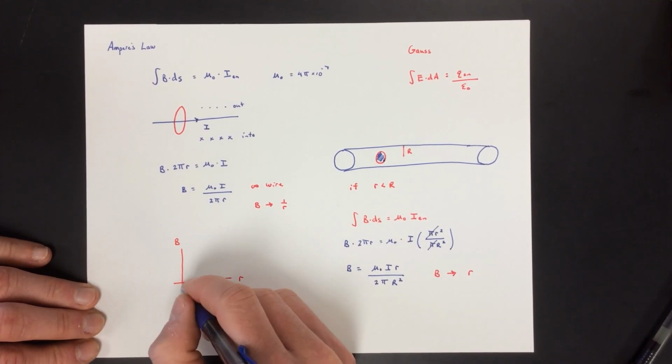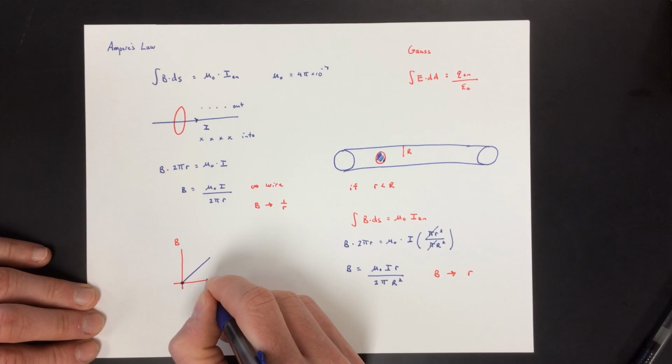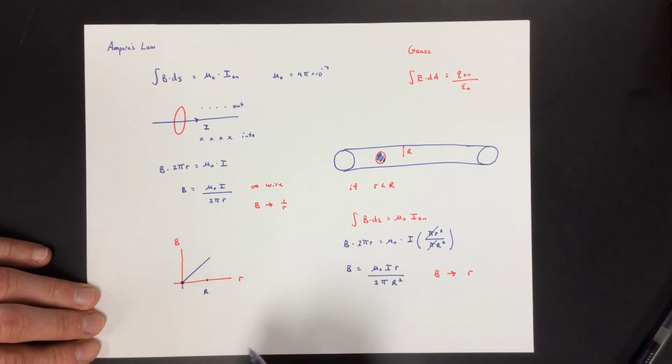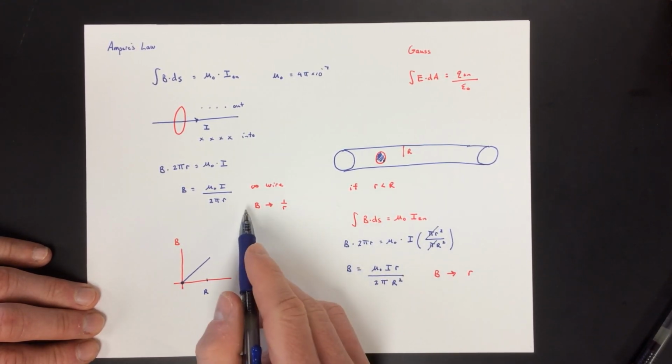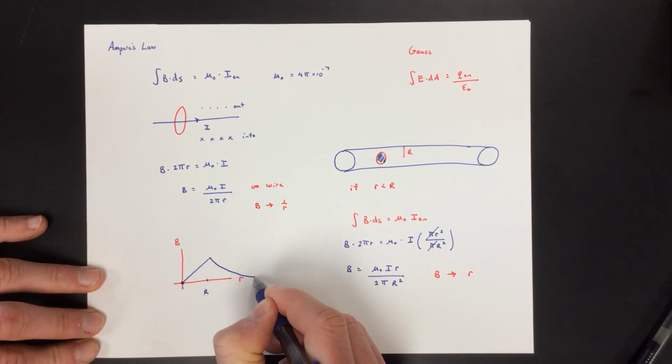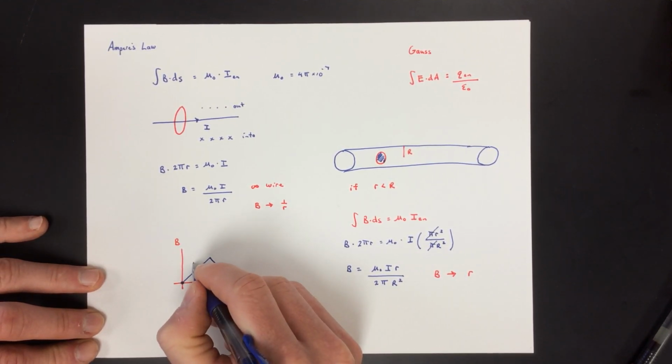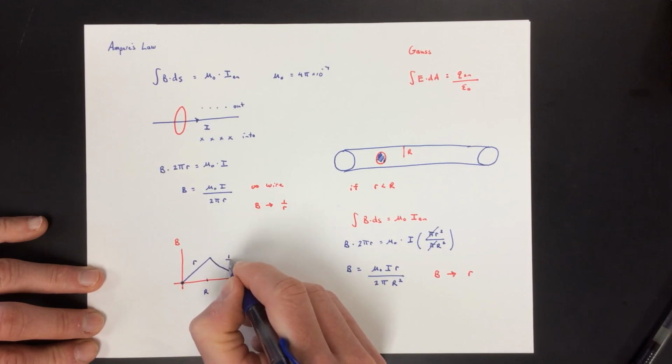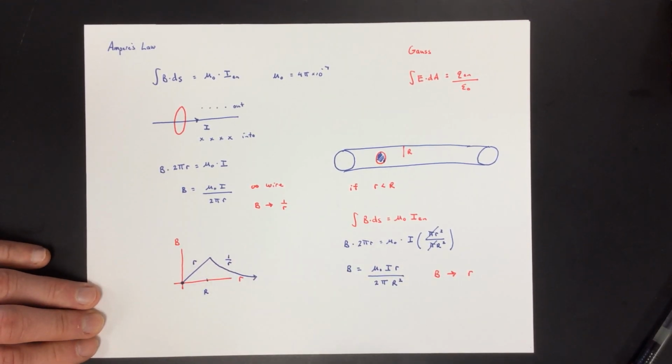When r is 0, B is 0, and it grows linearly until you get to capital R, and now you're outside the coaxial cable. Then it's just like a wire, and it decays to 0 like 1 over r. This grows like r, and that decays like 1 over r.